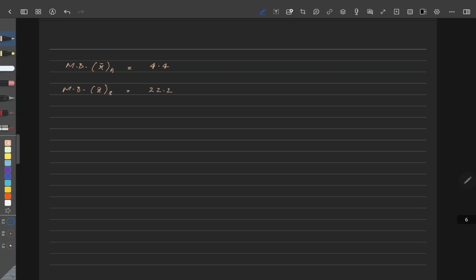So this is the mathematical intuition behind calculating the mean deviation. Based on the context of your requirement, based on the context of your problem, based on the context of your analysis, you would understand what this number means.